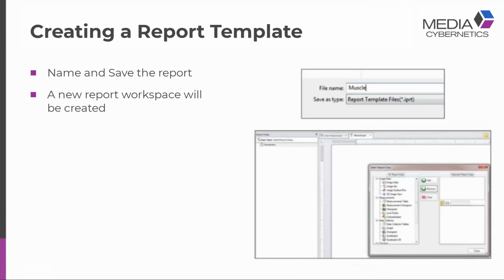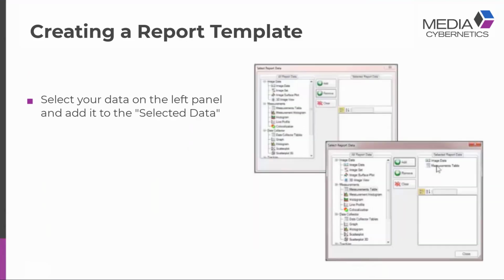This will automatically generate a dialog box where you can choose what data inputs. If you're familiar with data collector and using that, you'll see some commonalities. Image data, all different types of data, measurements. If on a higher level, data collector, tracking, you choose what information you want to have in that report. So we'll add it to here. We'll send it over just like we do in other places in Image Pro.